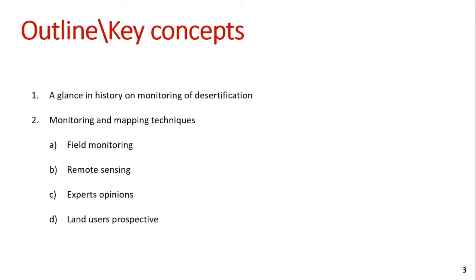And then we're gonna study 4 different types of monitoring and mapping techniques that would help us to identify the degree of desertification in an area. We're gonna know about field monitoring, remote sensing, expert's opinion, and finally land user perspective. So let's start.